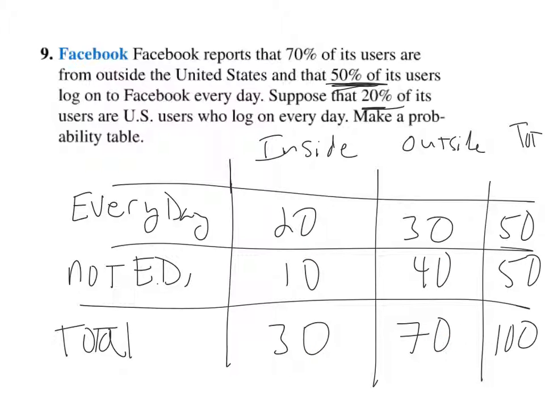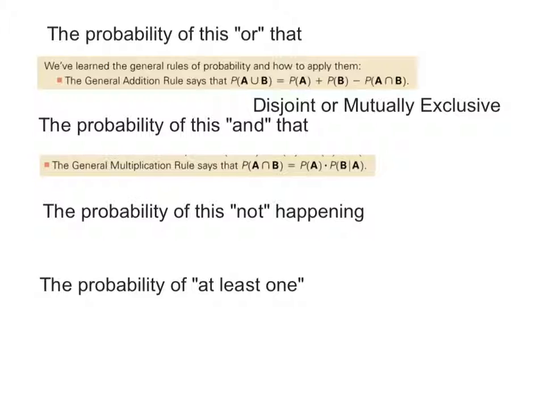There's my probability table. Now I can answer some questions about this, but that's not for this problem. We've got some probability rules that I'm going to introduce to you and link some words to them. When you're reading a problem and they ask, what's the probability, and it contains an or, or they'll word it such that you've got to think, oh, this is just an or question, that means you're going to add two probabilities.